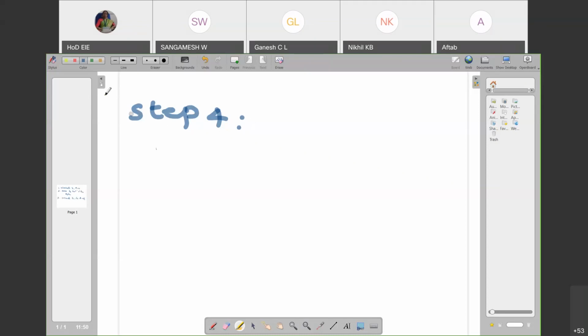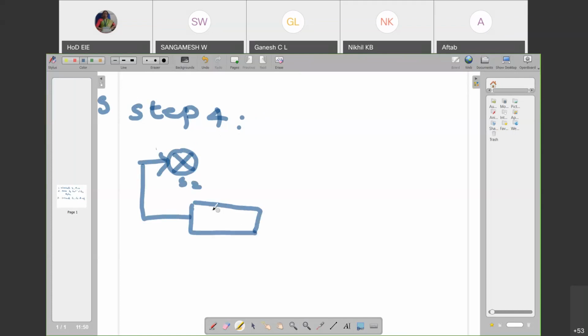After doing that, step 4 is interchange. We can also have the interchanging of the blocks. Okay, this is S2. I'm writing what we have got after step 3, and you have to do something to this with step 4.